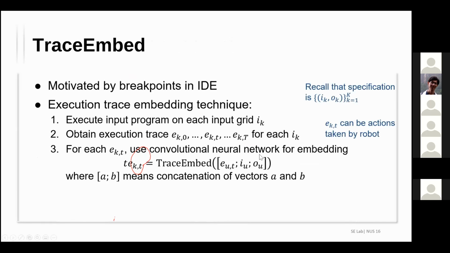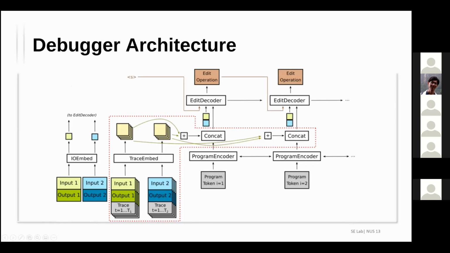But what happens is that I went to look at another paper that they cited, and that paper also talks about some form of debugging. That paper, if I'm not wrong, is done without this part.